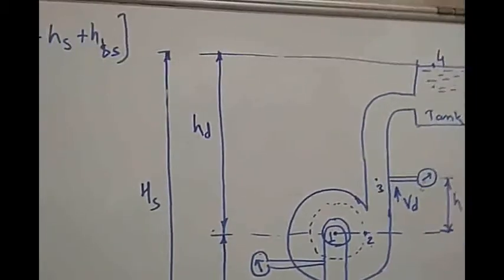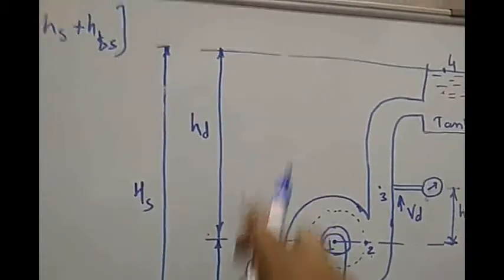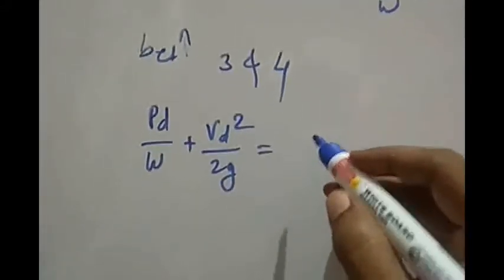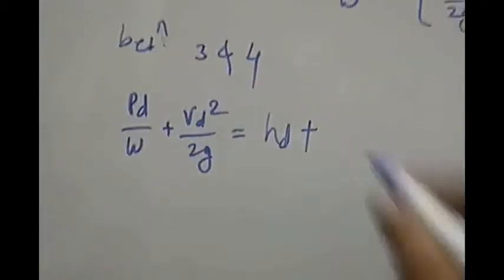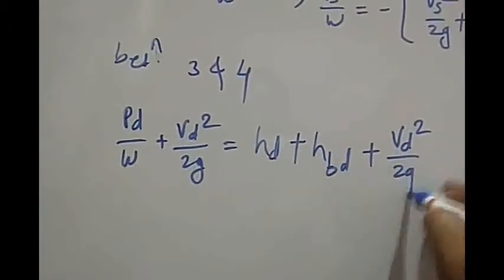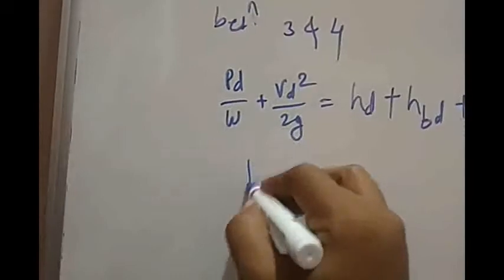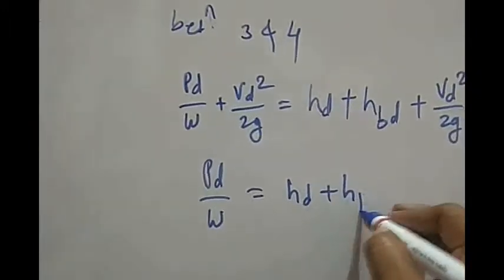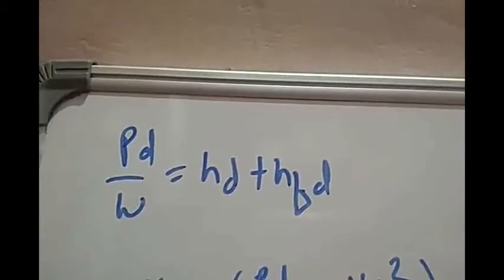With h equal to 0, point 3 is on the center line. So the head is Hd, the vertical height between point 3 and 4, plus the frictional head Hfd, plus Vd square by 2g, the velocity head in the delivery pipe. So Pd by W is Hd plus Hfd.